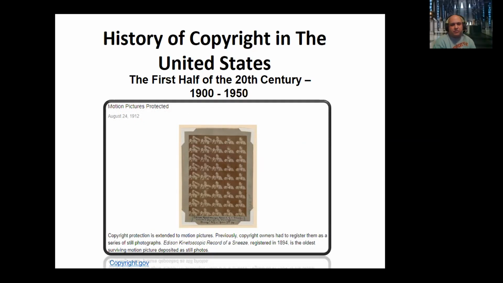It's the beginning of motion pictures. We'll see much later as films become popular, motion pictures will eventually be able to be copyrighted, but this is the first form of a motion picture ever created that was copyrightable, in 1912.